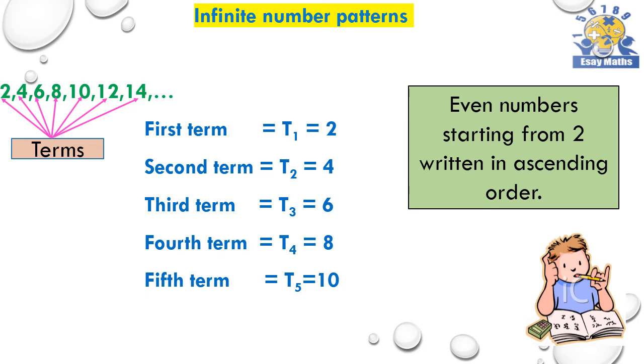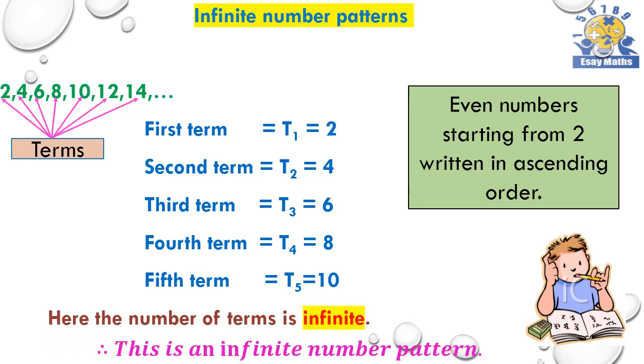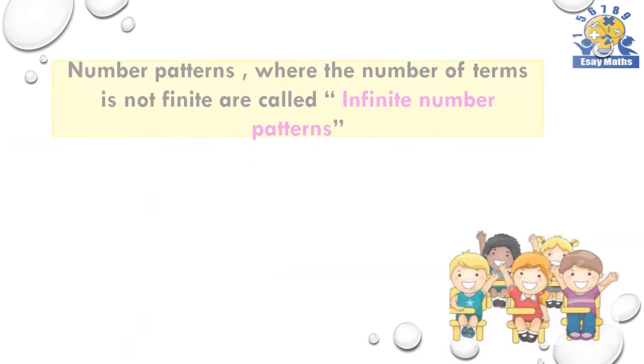Here the first term is 2, second term is 4, third term is 6, fourth term T4 is 8, fifth term T5 is 10. And we can write any number of terms here. So the number of terms in this number pattern is infinite. Therefore, this is an infinite number pattern.